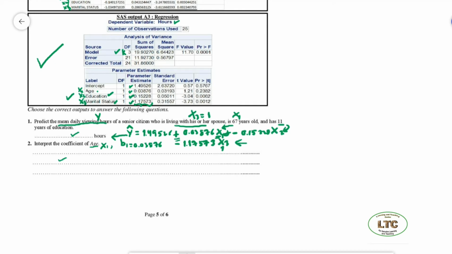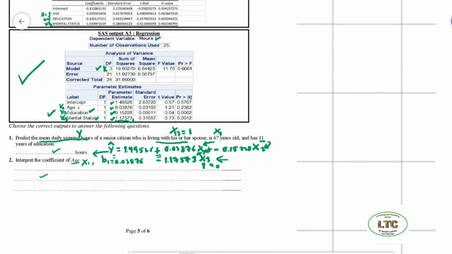If you put 1 here, then negative 1.17573 will be added to y hat. If single, we put 0 in x3, then minus 0. If there is a spouse, minus 1.17573 times 1 is minus 1.17573. Therefore, if you compare the two predicted values, then 1 will give less y hat. How much less? 1.17573 less. So describe this.